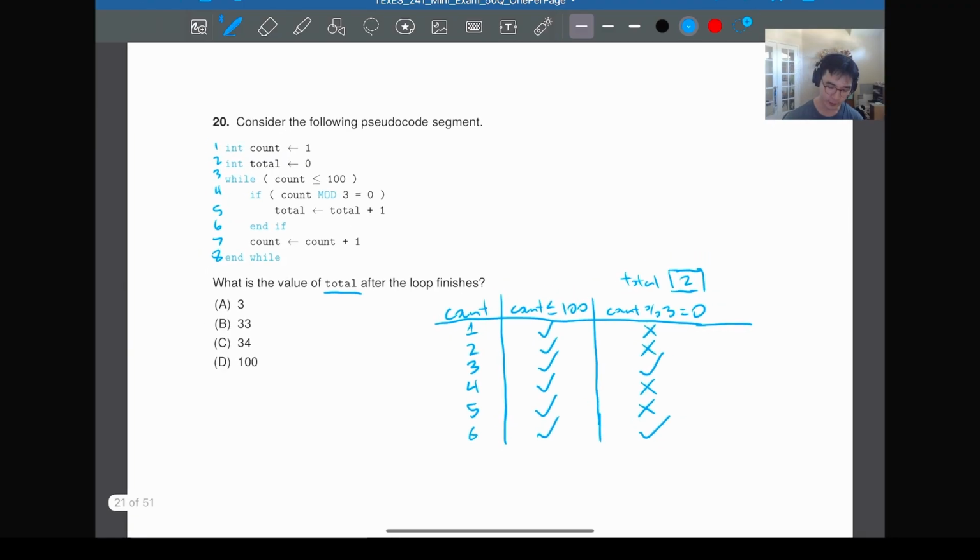We are concerned with the value of total after the loop finishes. And the only thing that modifies total is line 5. So really we're asking ourselves, how many times does line 5 run?